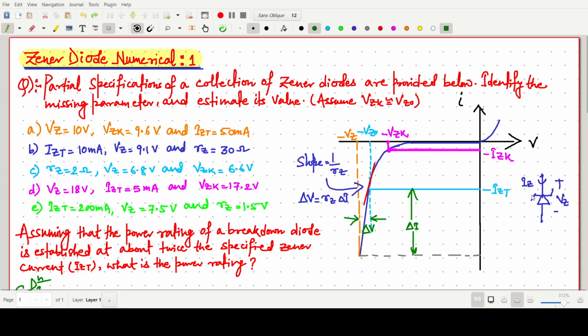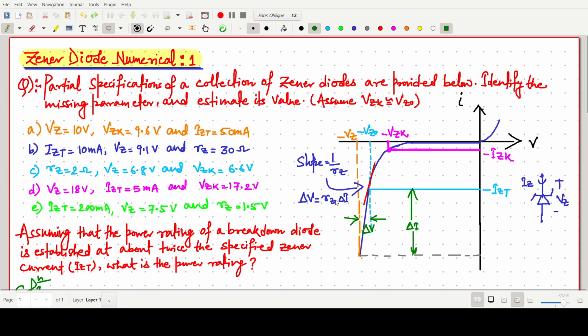Here we can see this one is the knee current and corresponding voltage, and this one is the voltage minus VZ naught and the corresponding current is minus IZT, some test current, and this slope. That is our delta V equals RZ delta I, where this slope, delta V by delta I, gives RZ, the dynamic resistance or sometimes the incremental resistance of a Zener diode.